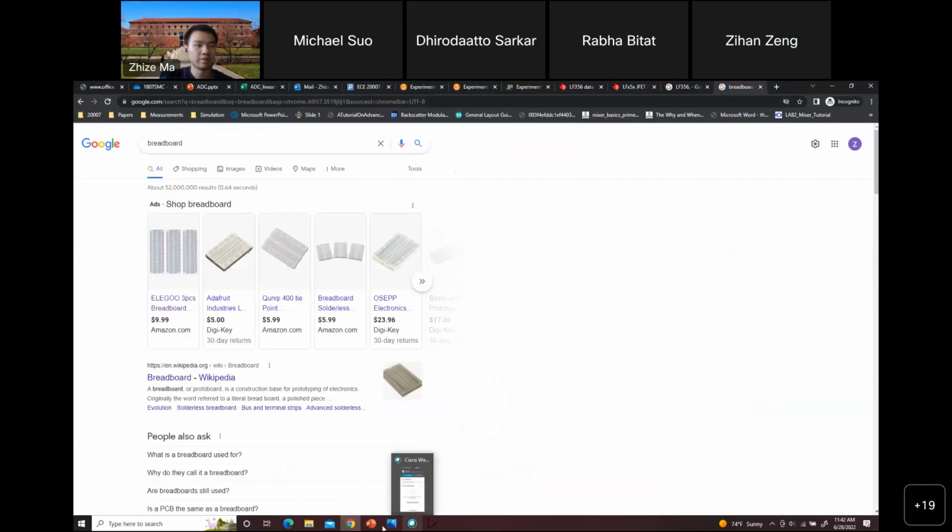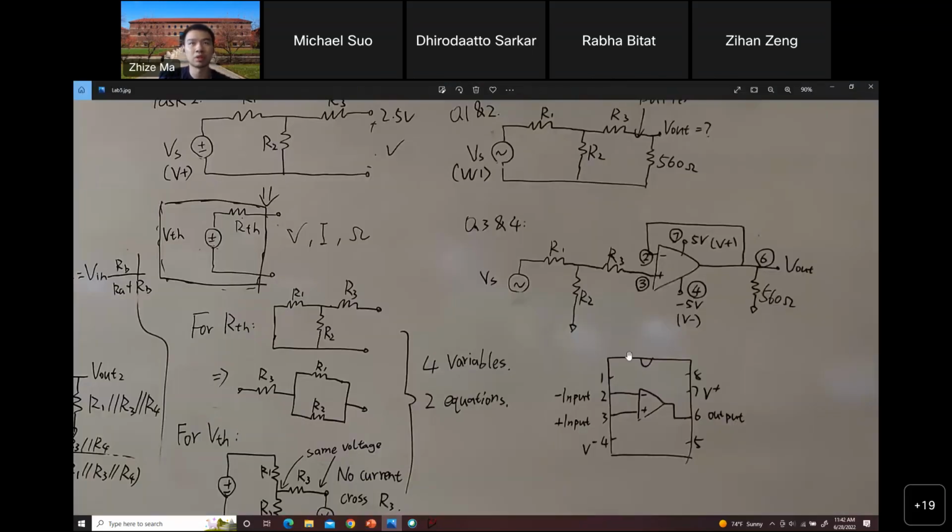And then after you put this chip on the breadboard, you can start making connections by grabbing some wires. Usually what I do first is connect the power supply. This is the pinout of the chip. Pin 4 and pin 7 are the power supply.